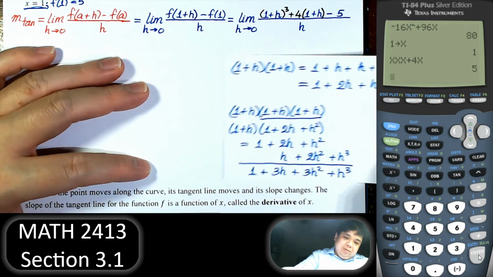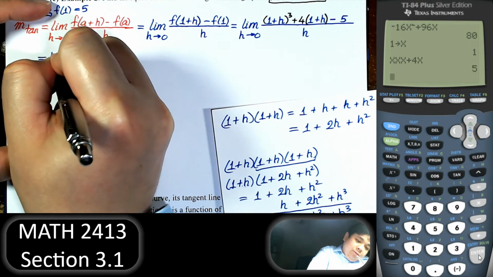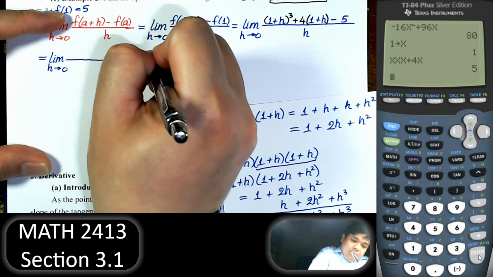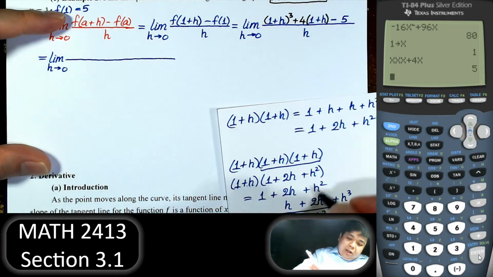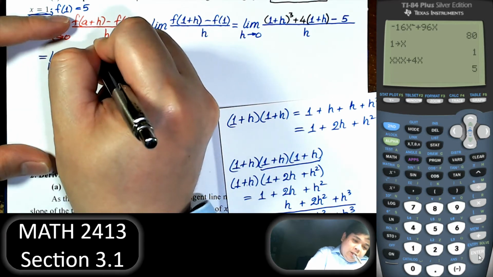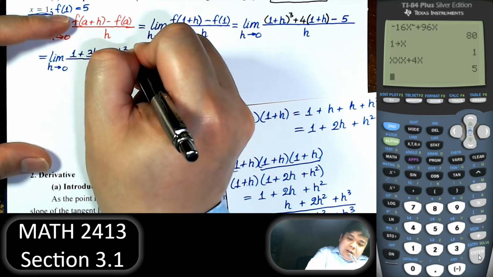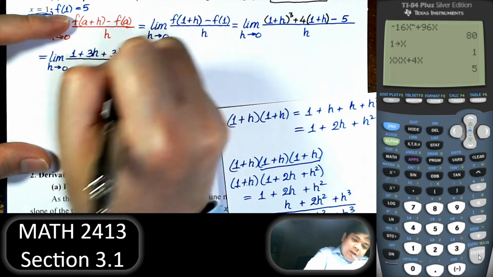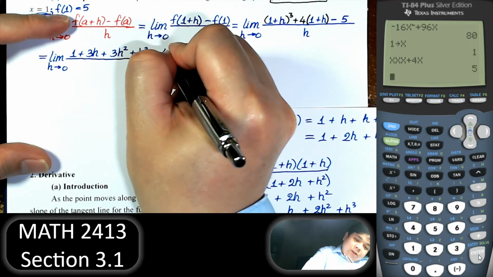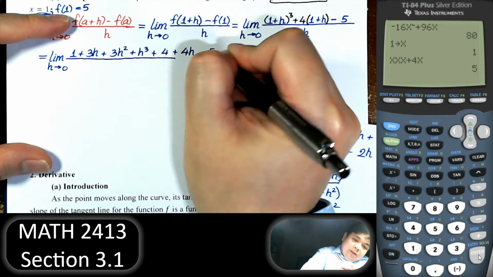Right. So we have 1 plus 3h plus 3h squared plus h cubed plus 4 plus 4h minus 5.